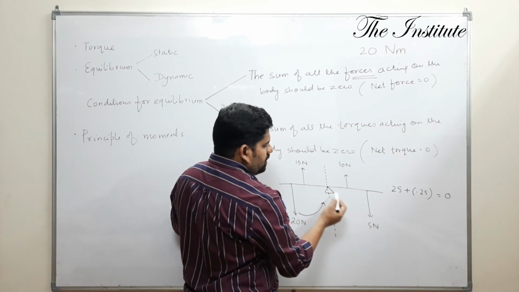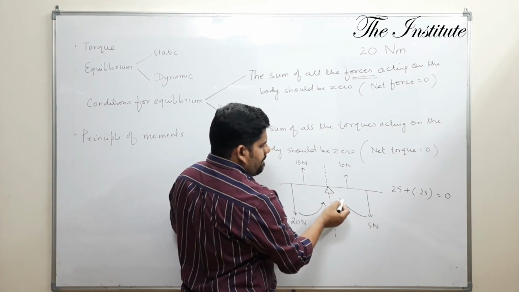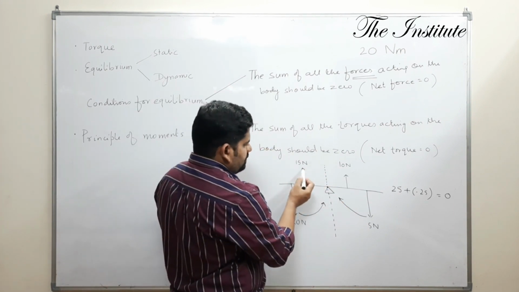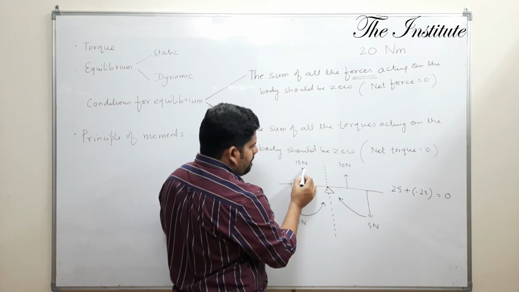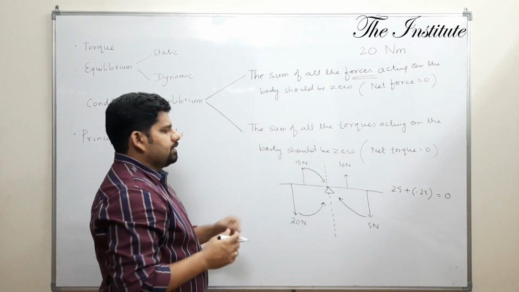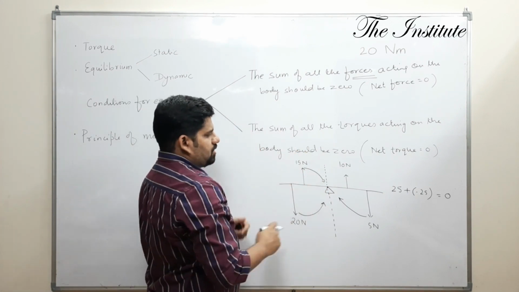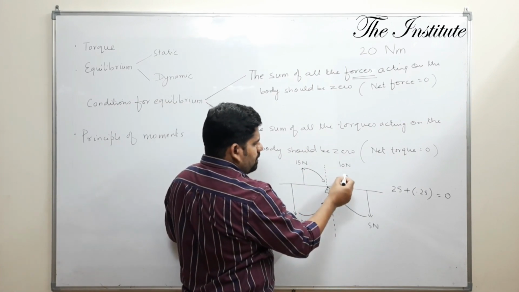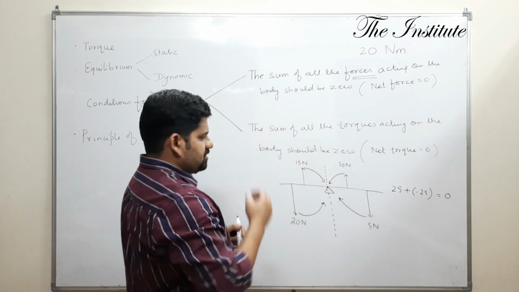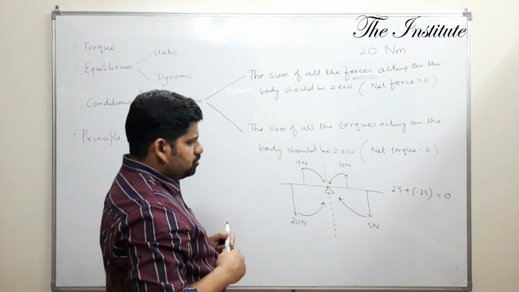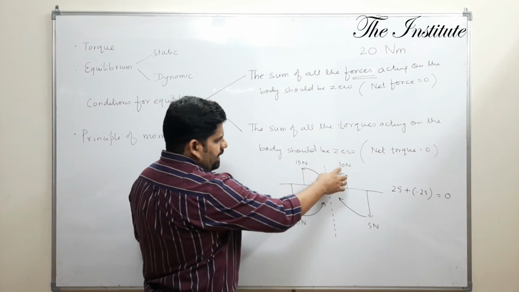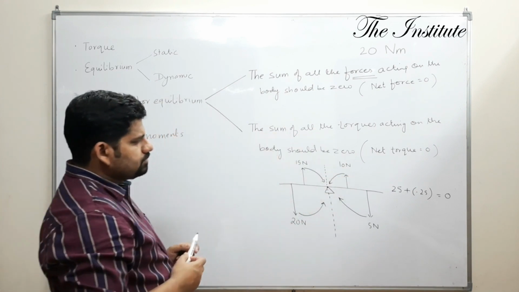This force of 5 Newton about the fulcrum is giving me clockwise torque. This force of 15 Newton about the fulcrum is giving me clockwise torque. This 10 Newton about the fulcrum is giving me anti-clockwise torque. So which two forces are giving me anti-clockwise? 20 and 10. Okay?